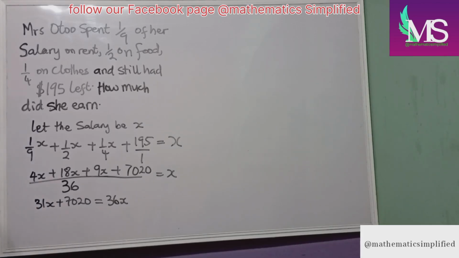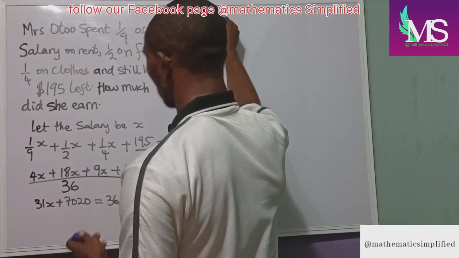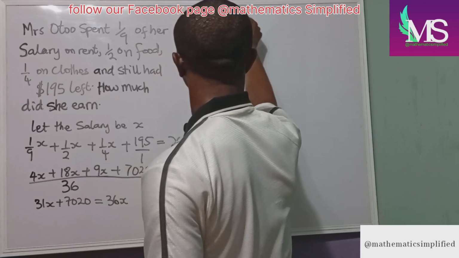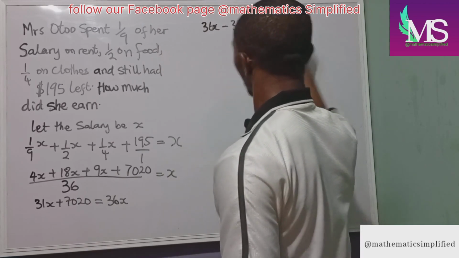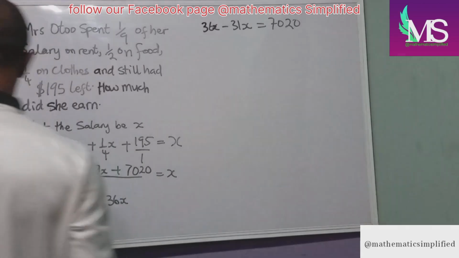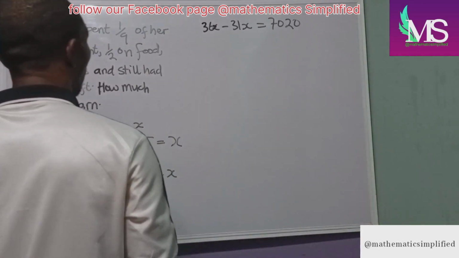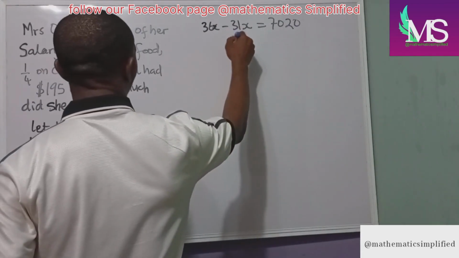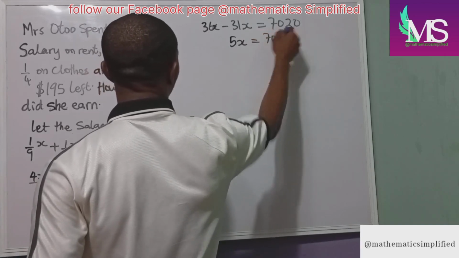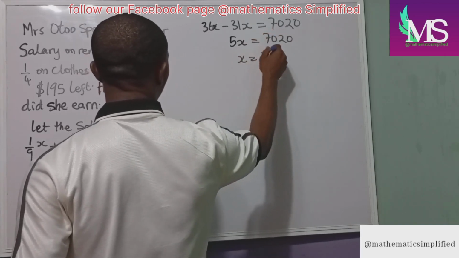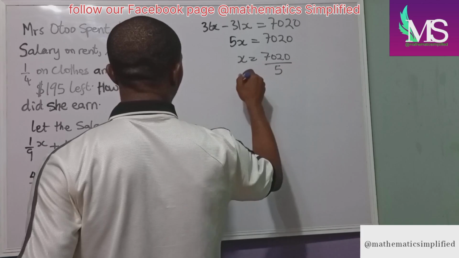If we collect like terms, this is going to become 36x minus 31x equals 7020. Now at this point, what do we do next? We subtract. This will give us 5x equals 7020. So our x equals 7020 divided by 5.